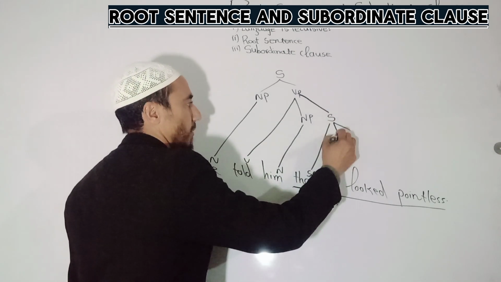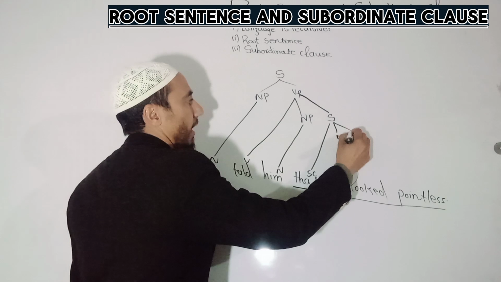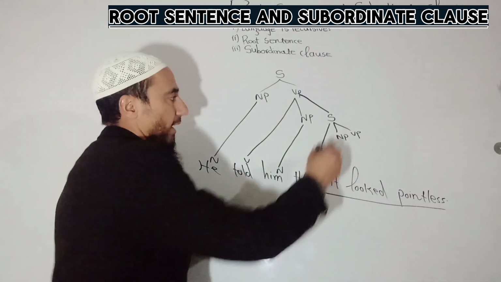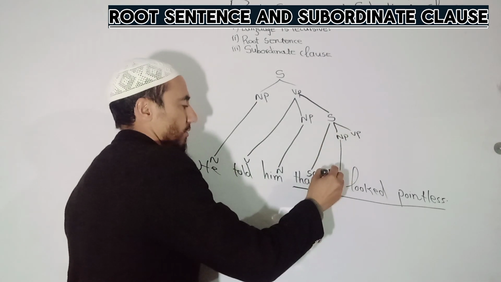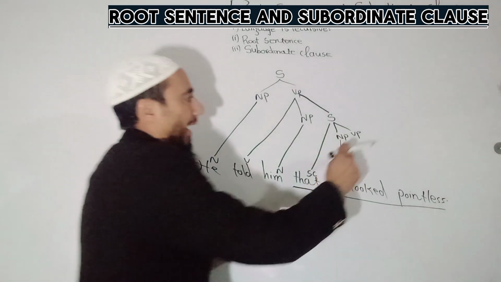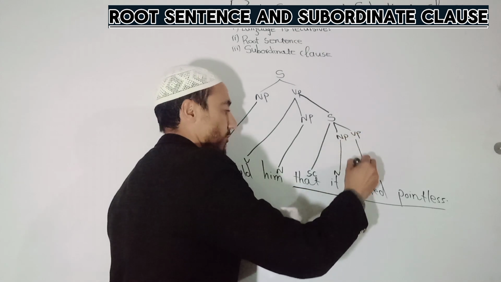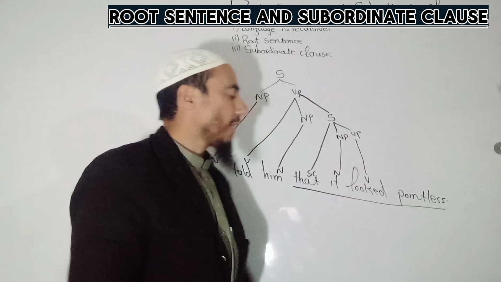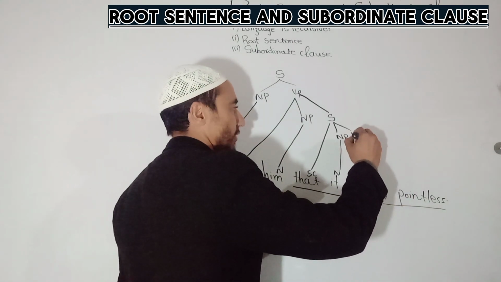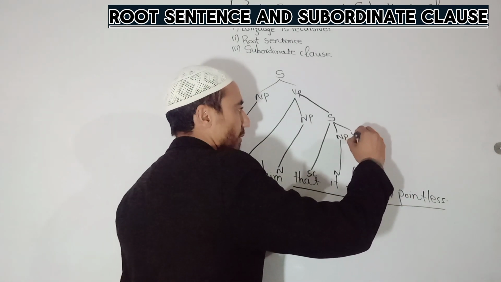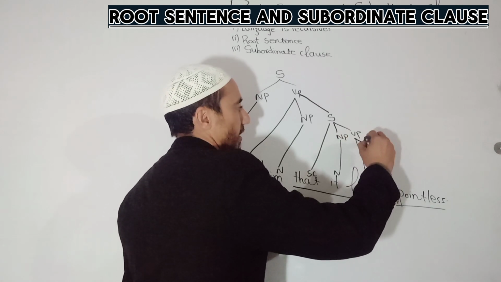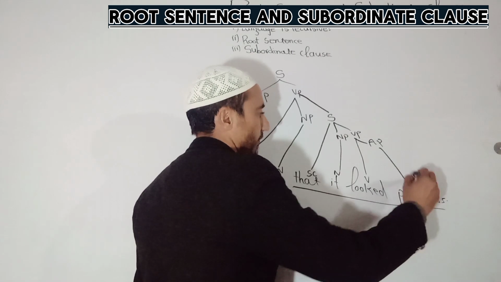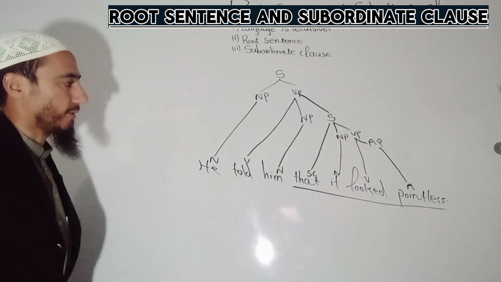Then in S we have NP and we have VP. In NP, that is "it," so here we have N. And "looked" is VP, verb. After that we have "pointless," that is an adjective phrase. So from VP, we are taking AP. AP means adjective phrase.